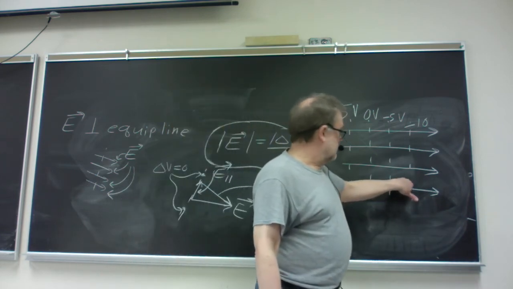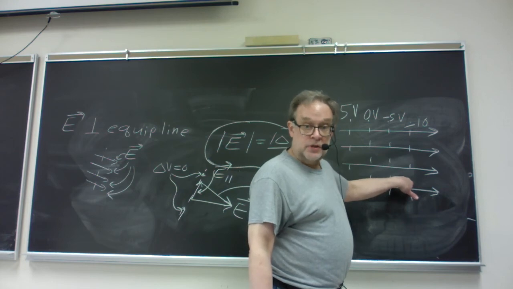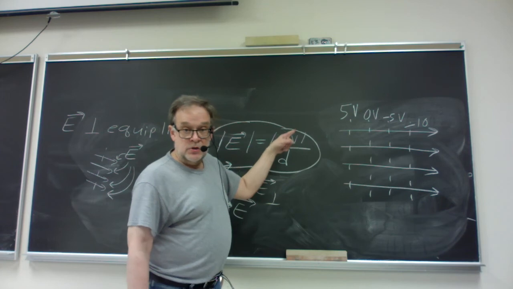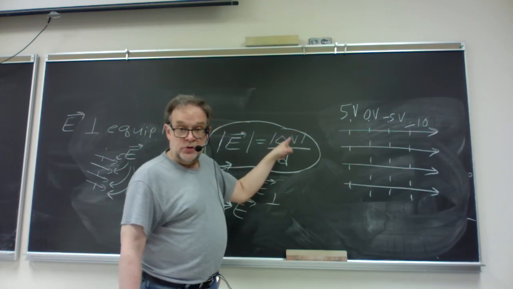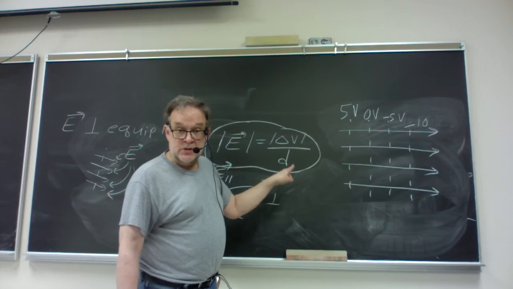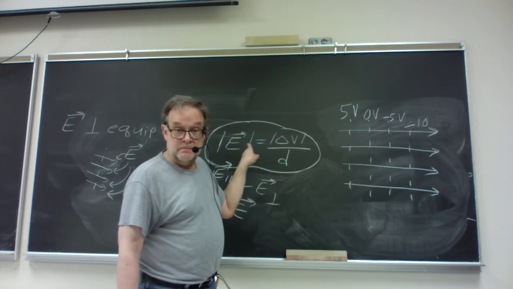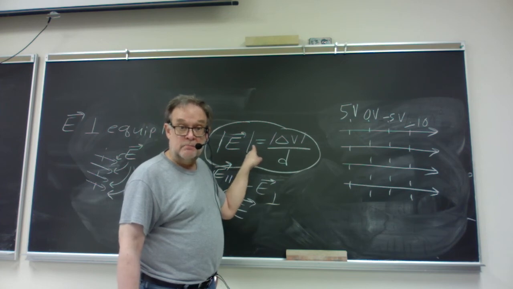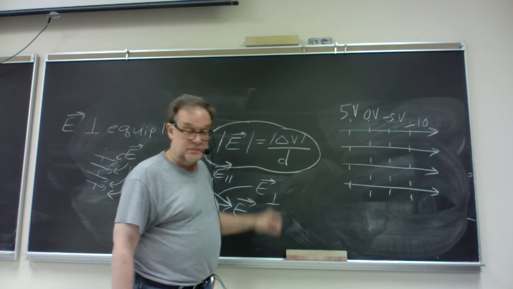And then here, you travel the same distance to get another 5 volt potential change. So 5 volt potential change, always the same distance, always. It corresponds with the electric field having the same magnitude, always.